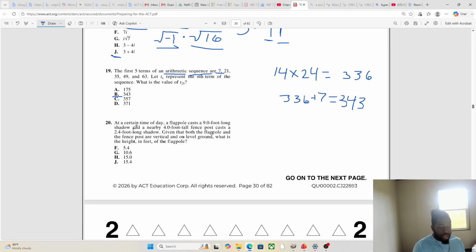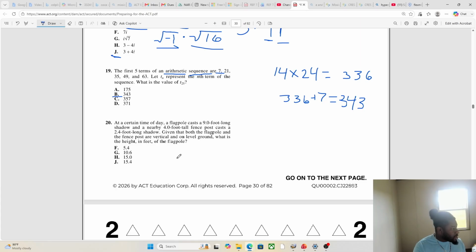All right, number 20. At a certain time of day, a flagpole casts a 9-foot long shadow, and a nearby 4-foot tall fence post casts a 2.4-foot long shadow. Given that both the flagpole and the fence post are vertical and on ground level, what is the height in feet of the flagpole?